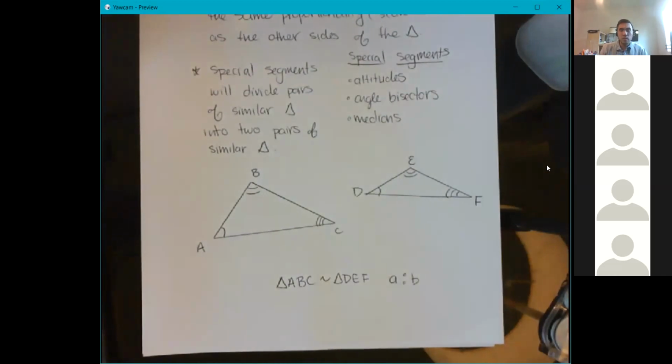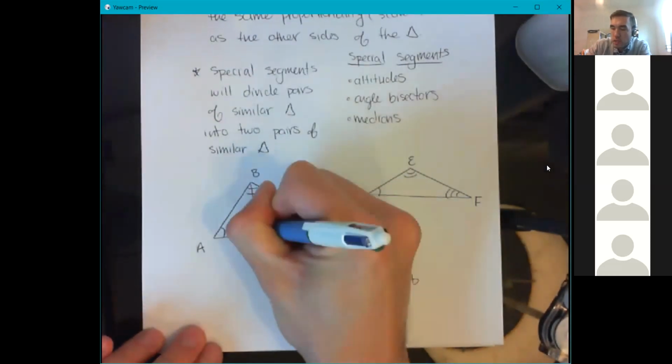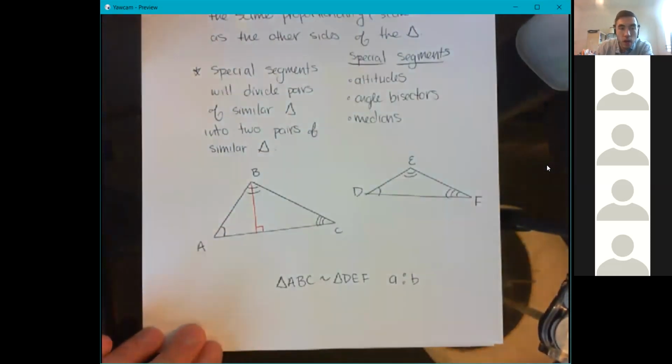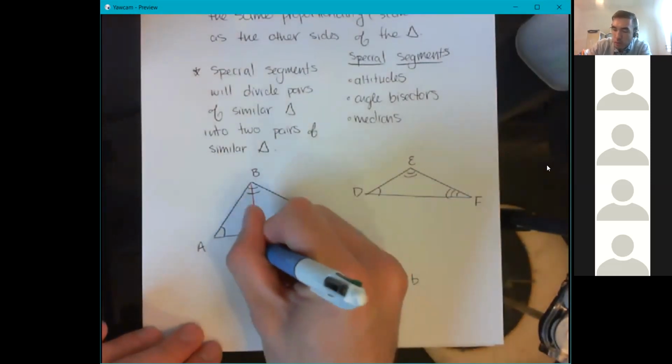If I go back into this triangle and add, for example, an altitude, here's what that tells me. I'm going to start at point B and drop down an altitude so that it makes a 90-degree angle down here. I'll add an extra letter, point X, where the altitude touches.